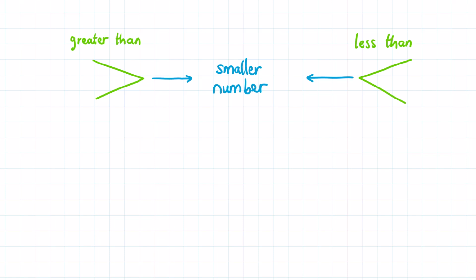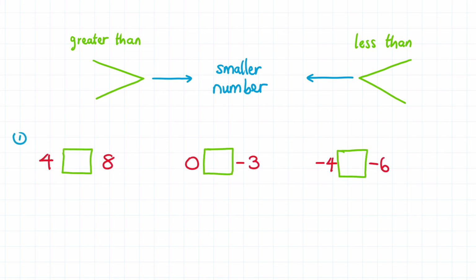For example, looking at the first one here, you're comparing 4 and 8. The number that is smaller is 4. Therefore, we're going to use the less than sign because it is pointing towards the smaller number.